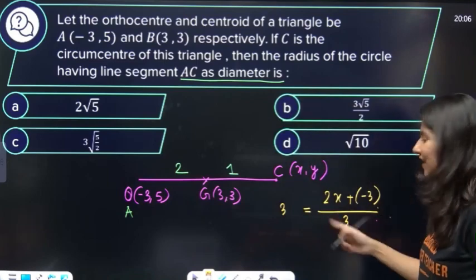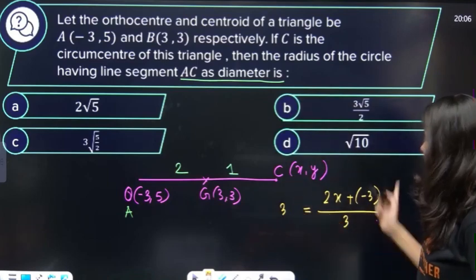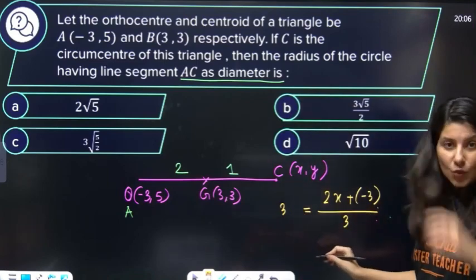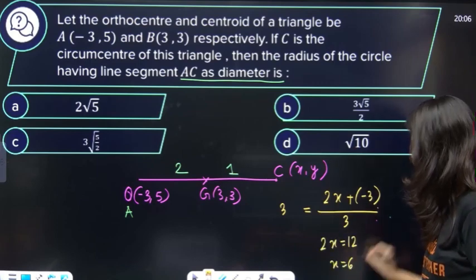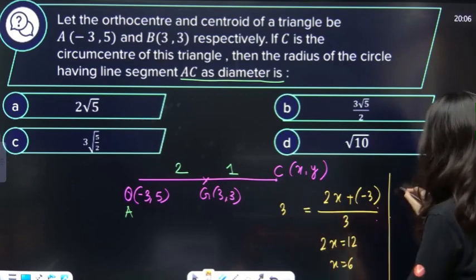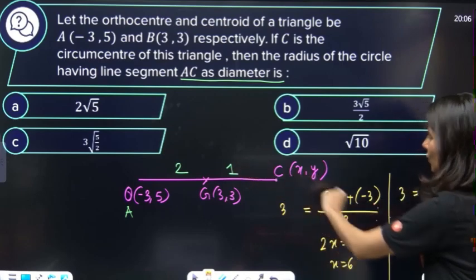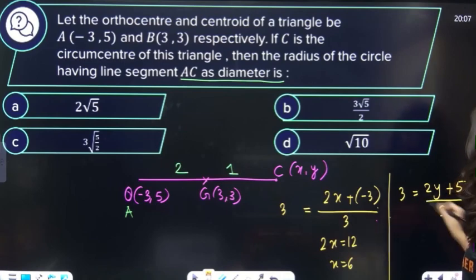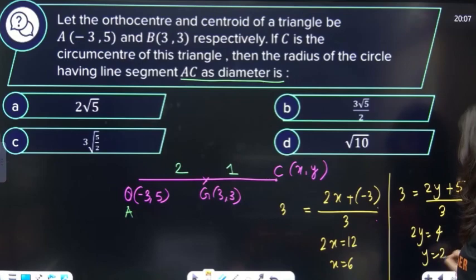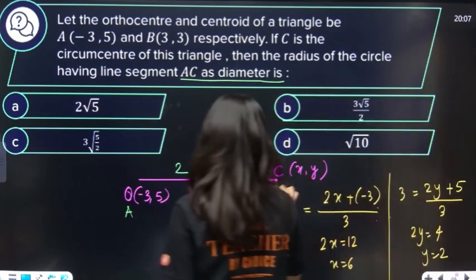Clearly 3 threes are 9, 9 plus 3 is 12, 2x is equal to 12, x is 6. Now y. This is also 3. So (2 into y plus 5) whole upon 3, 9 minus 5, so 2y is equal to 4, y is equal to 2. So (6, 2) is this point.